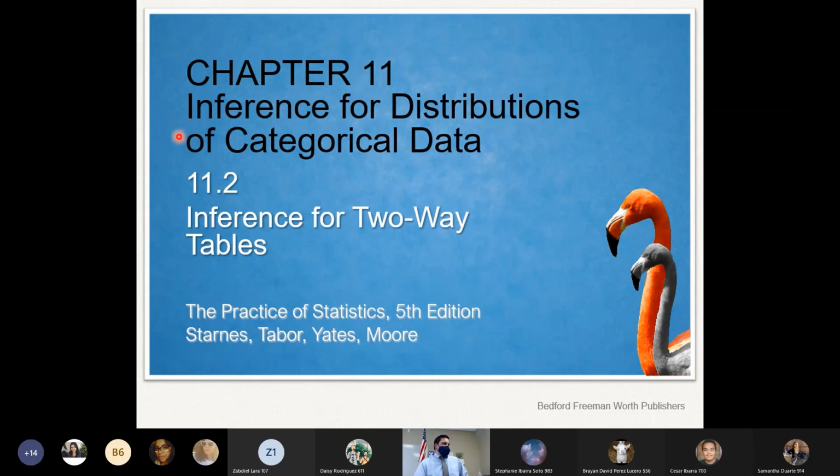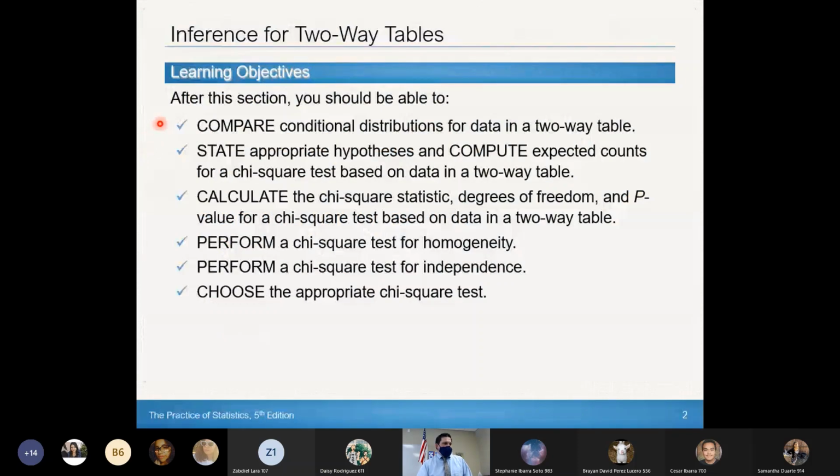So here we are in chapter 11. 11.2 is inference for two-way tables. Two-way tables allow us to show distributions of categorical variables, and we'll be working with those. In this lesson today, we're going to learn how to compare conditional distributions for data in a two-way table, state appropriate hypotheses, and compute expected counts for a chi-square test based on data in a two-way table.